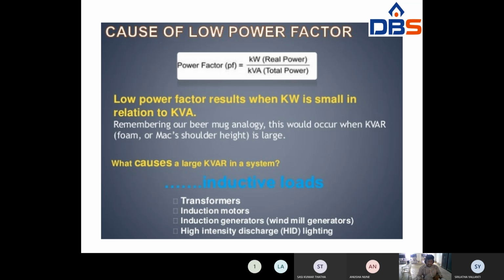Second, the transformer may be operated at lagging power factor because of the magnetizing current, which appears in the primary winding. Because of the magnetizing current, many losses occur. That means the primary winding may develop more currents, more leakage currents. That leakage current may damage the winding, right?